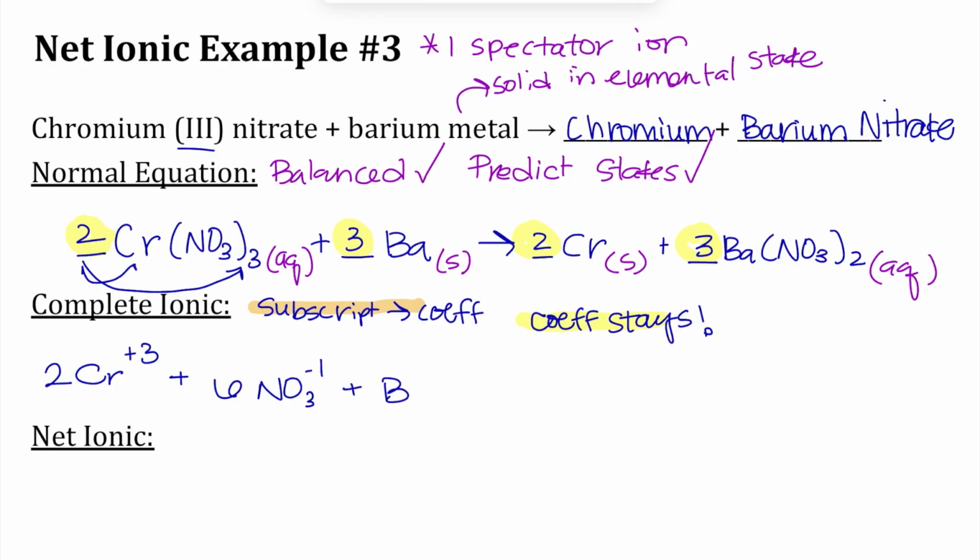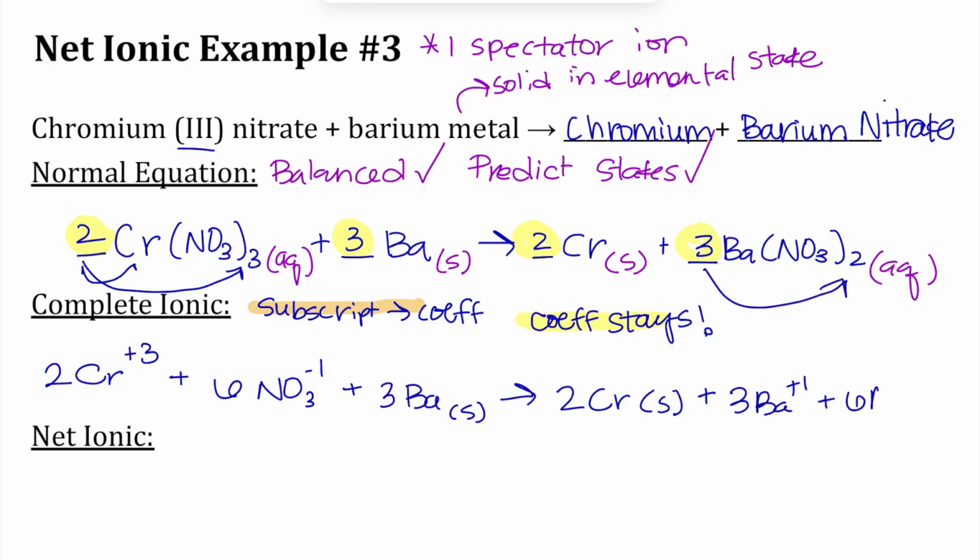Plus, our solids are going to stay, so we're going to have 3 barium solids, and we include the state of matter when we're writing those, so we know why we didn't break them up. Then we've got our 2 chromium solids plus 3 barium plus 2s plus 3 times 2, 6 NO3 minus 1s. Excuse me, barium is a plus 2. I don't know why I wrote a plus 1 there.